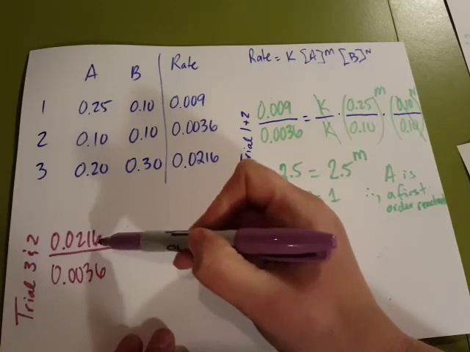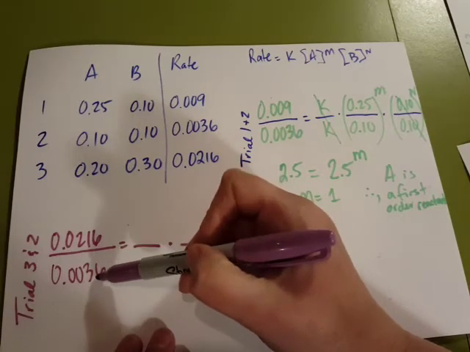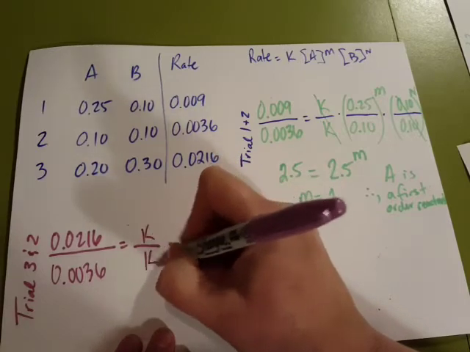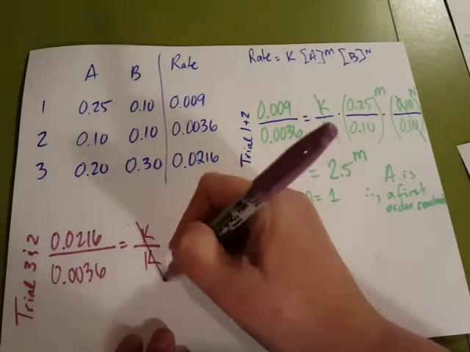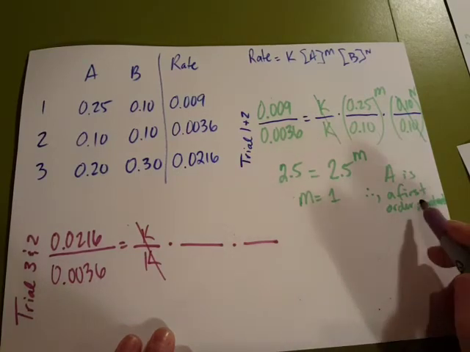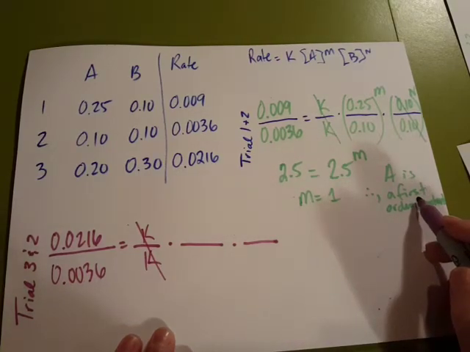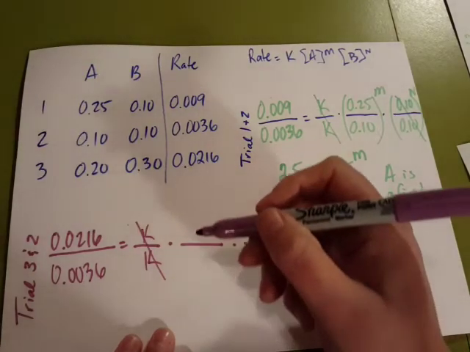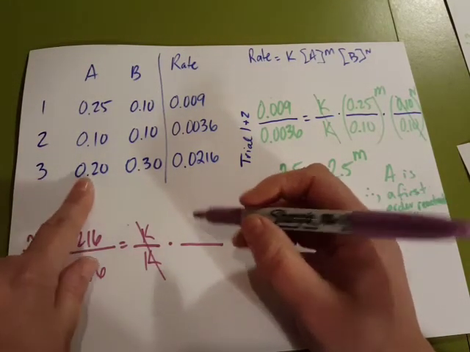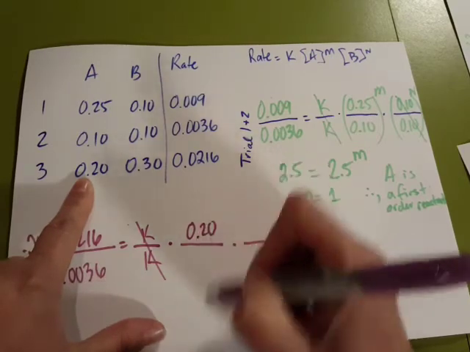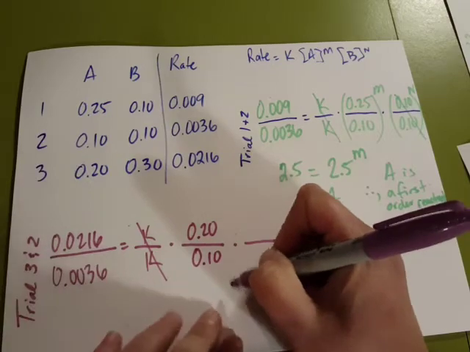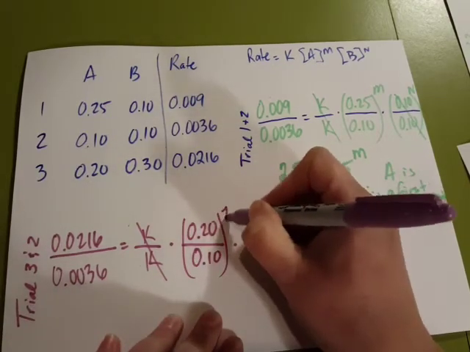Because this looks like a big number, and then I'm putting a nice small number up and into it. Again, we're going to see this value for K, which we can cancel out. For A, we know A is a first order reactant. So let's take those values for A. We're going to take 0.20 up on top, 0.1 on the bottom, and it's all to the power of 1.